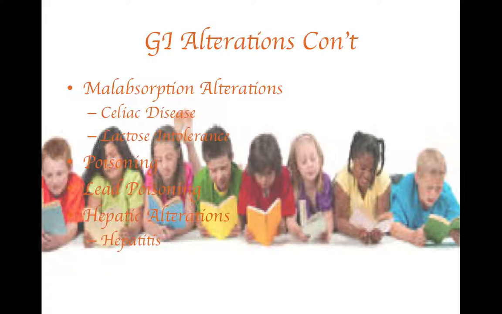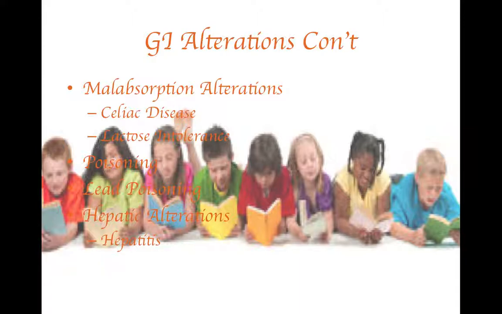I specifically want you to look at gastric lavage and activated charcoal, as well as the antidotes, and these can be found in your text on page 774. You can also refer to table 23-4, which talks about clinical manifestations of commonly ingested poisonous substances.